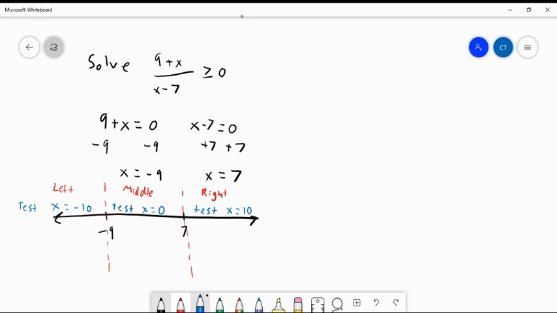To test these points, we are going to substitute each of these values into the original inequality. So, to test x equals negative 10, we are going to put a negative 10 wherever the x was.